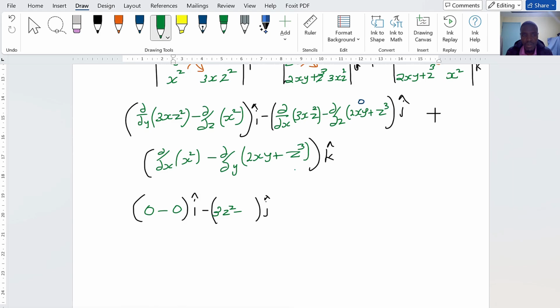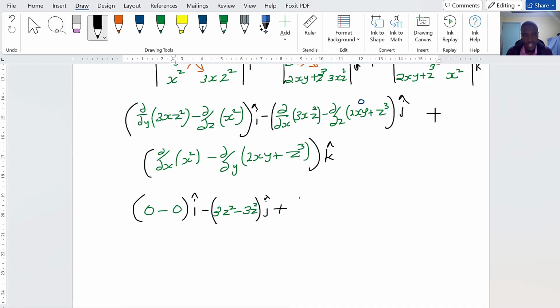This part is 0, this part becomes, what do we get here? Let me check again, counter check. This is 0, yes, so we have 3. Then we reduce the power of z by 1, so 3z squared. I think that's fine.